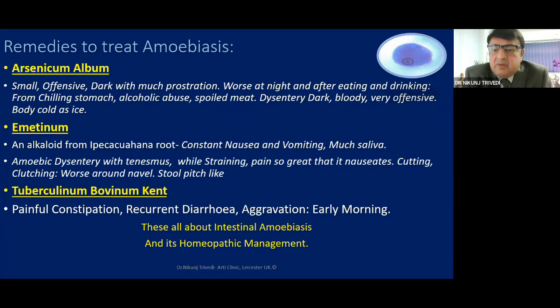Arsenicum album is a very good remedy for micro food poisoning. When a patient gives a history that we have been to a restaurant and after 2 days my stomach has started showing some abnormal symptoms, like passage of mucus, increased frequency of stool, some colic, pain, very bad irritation, at that time Arsenicum album is the right remedy to cure the micro food poisoning.